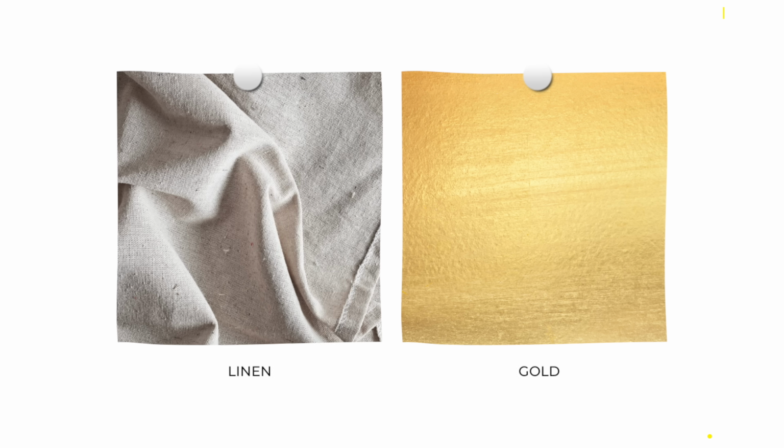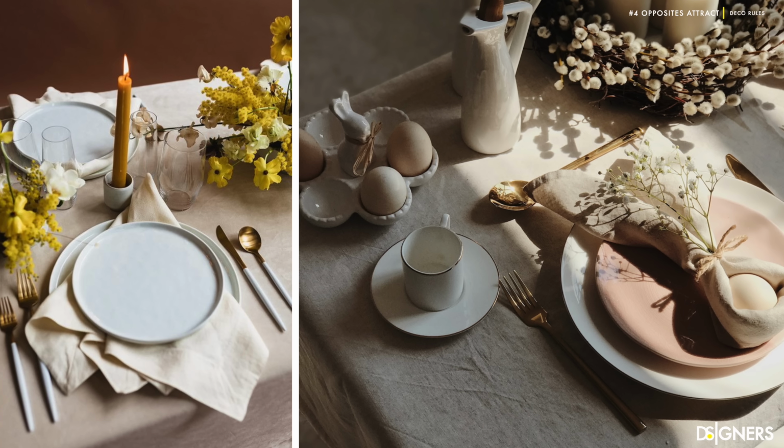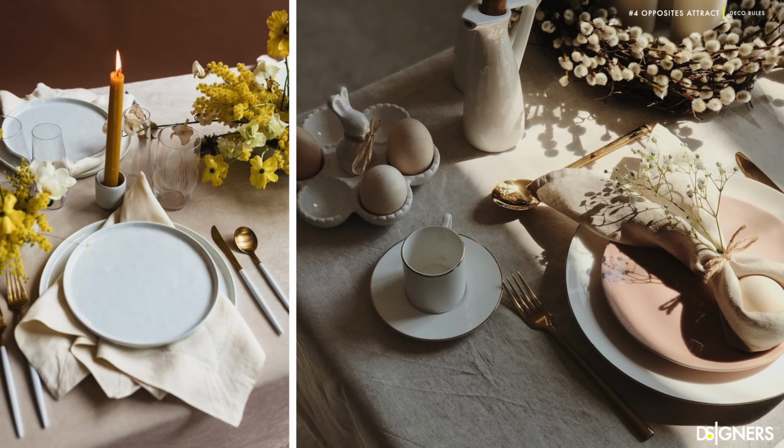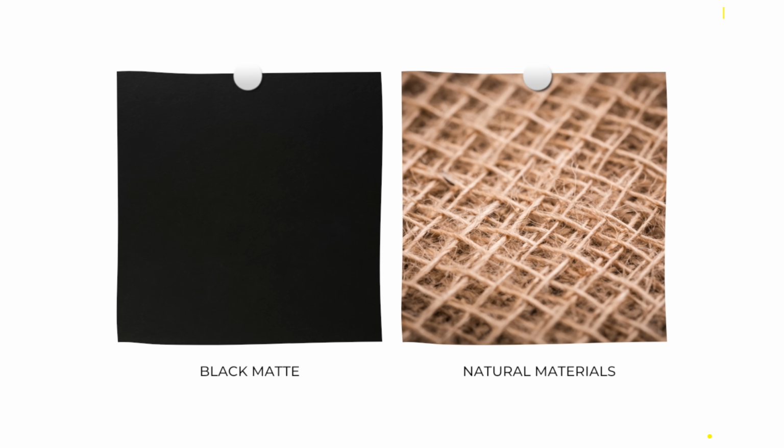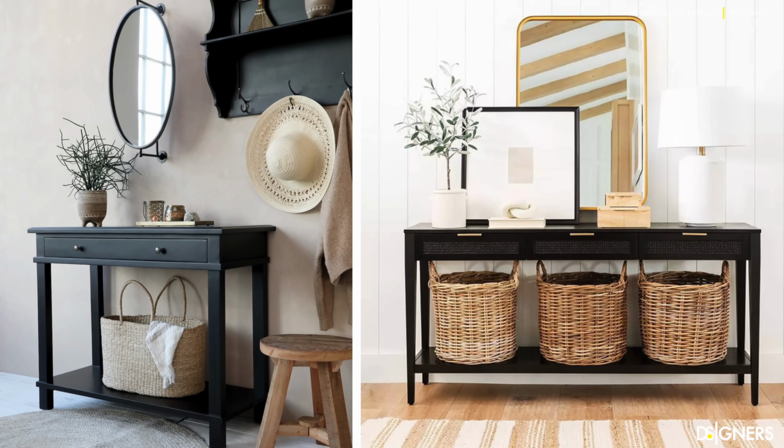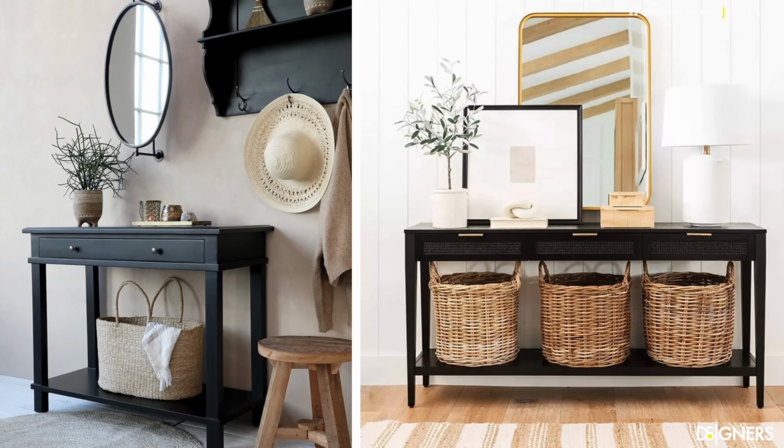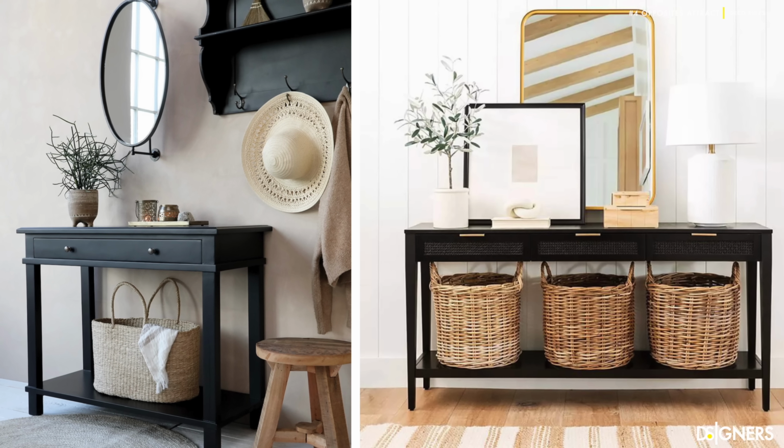For your dining table setting, you can combine linen tablecloth with something more formal like golden flatware. You can decorate a black matte console with rustic vases and lamps, or with baskets made of organic materials under the console. The two opposites will work very well together.